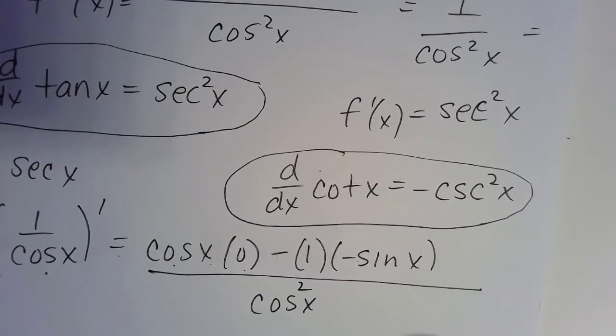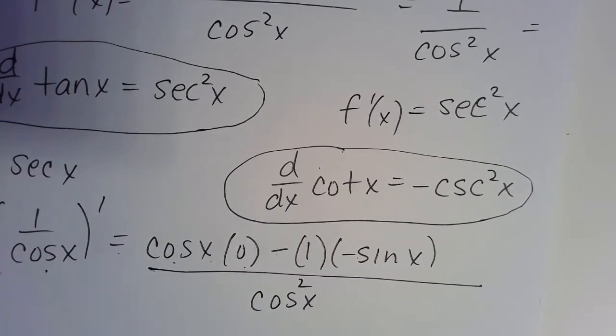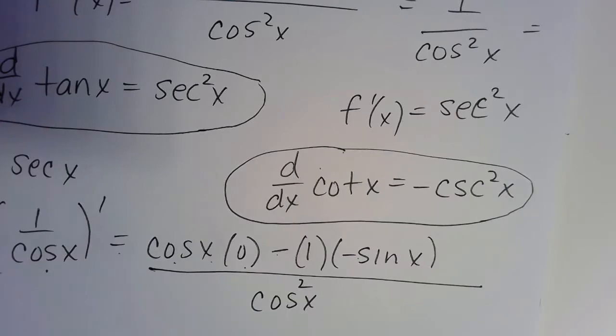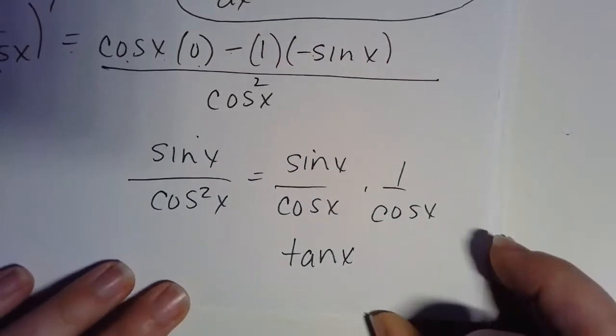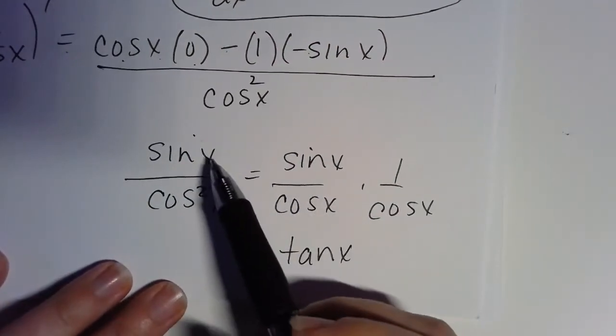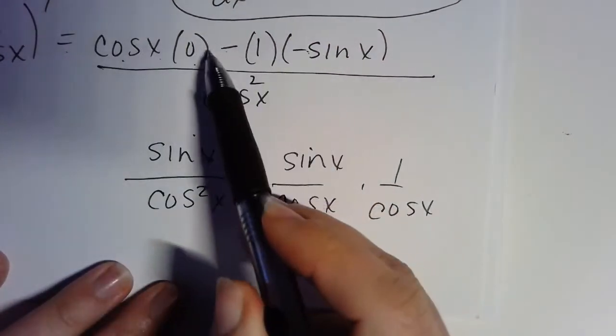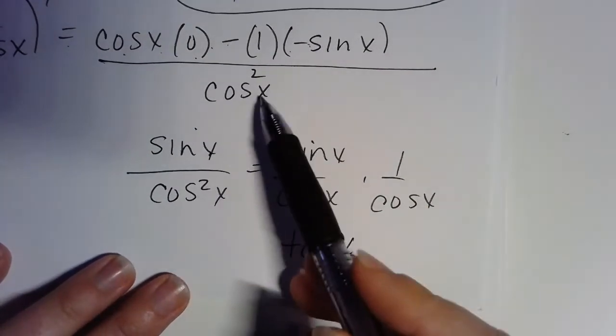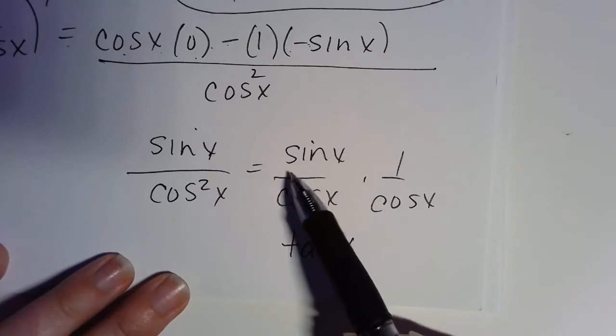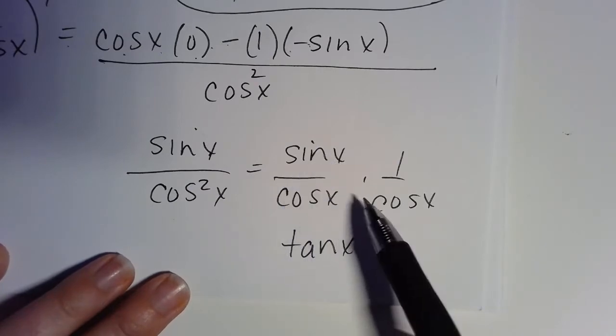So this is the way we break it apart: sine times 1 over cosine of x. Oh, I'm very sorry here, okay. So I have sine of x from the top, right? I have negative times a negative is positive, gives me sine of x over cosine squared of x, and then I'm just rewriting this as sine over cosine times 1 over cosine.